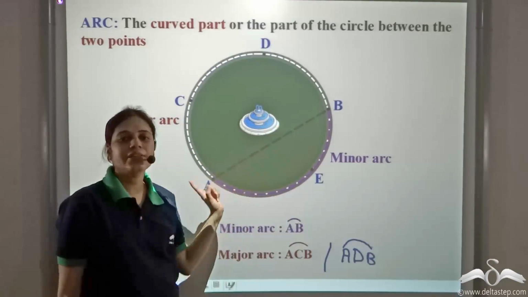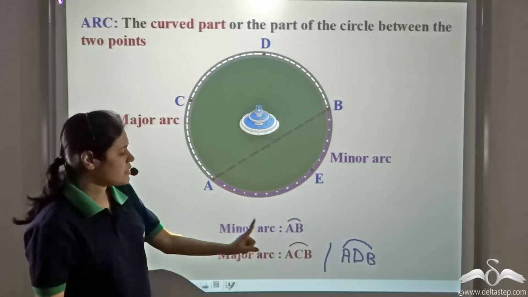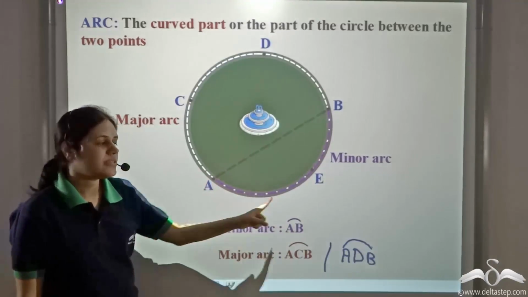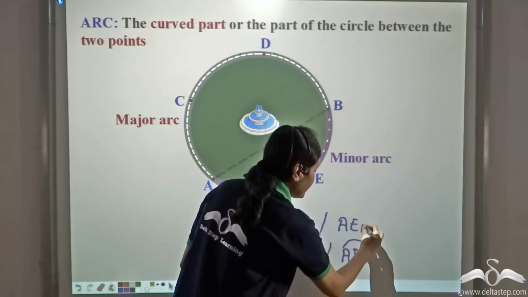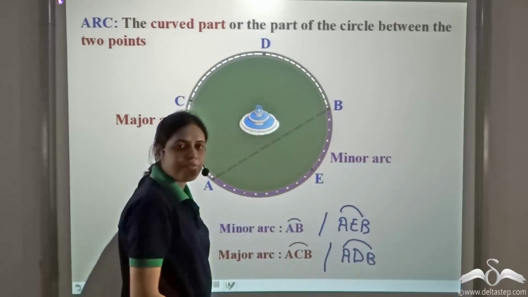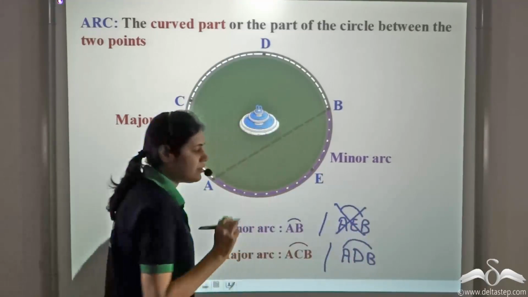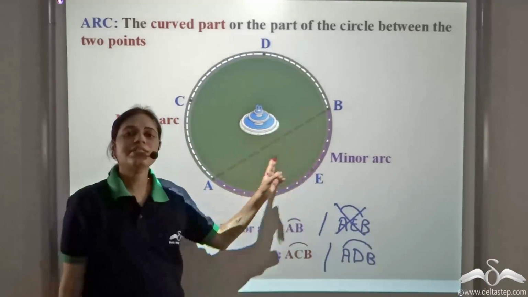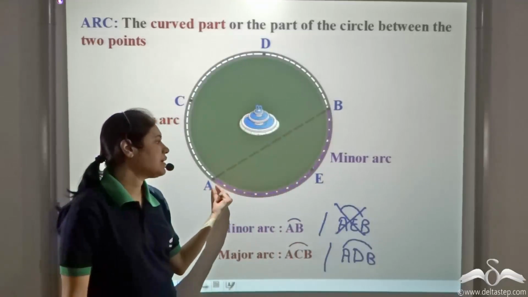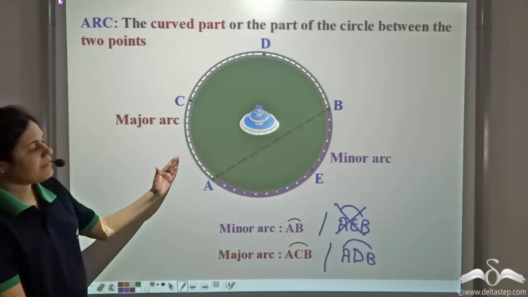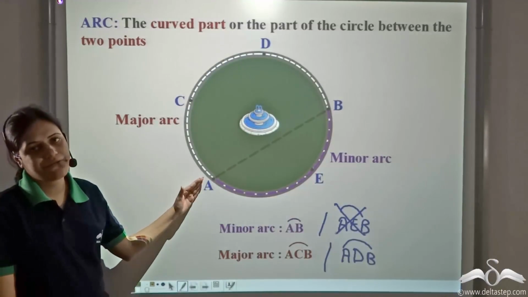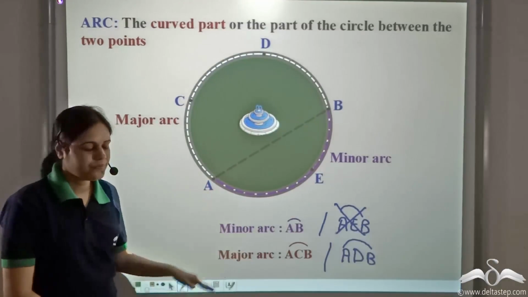It would mean the same thing. Notice we have not represented the minor arc as A, E, B, because the minor arc is simply represented by the endpoints. So when we say only arc, we are referring to the minor arc.